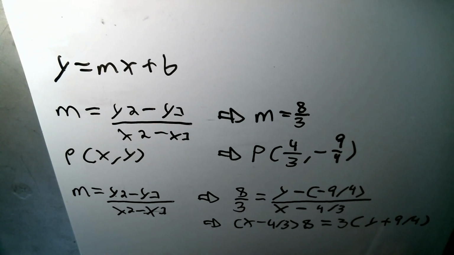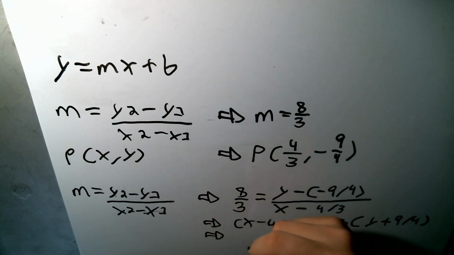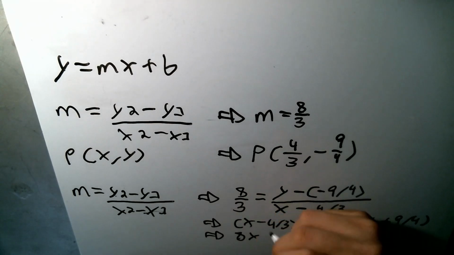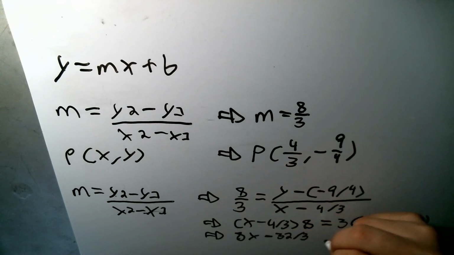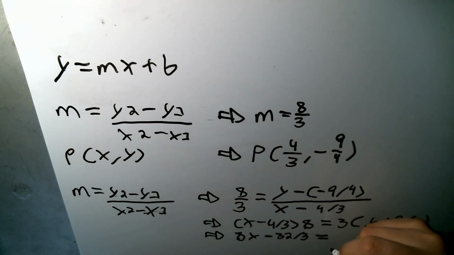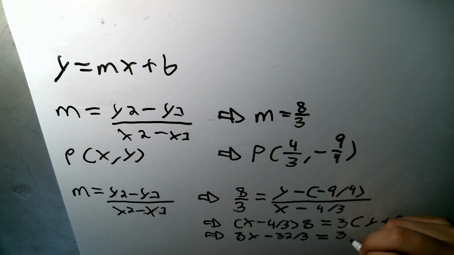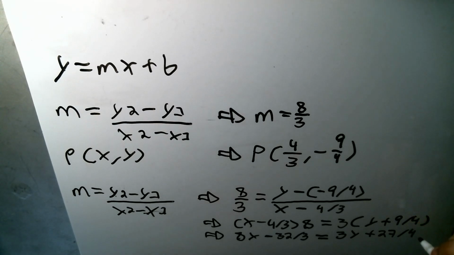So this is what we get, and now we just multiply: 8x minus 32/3 equals 3y plus 27/4.